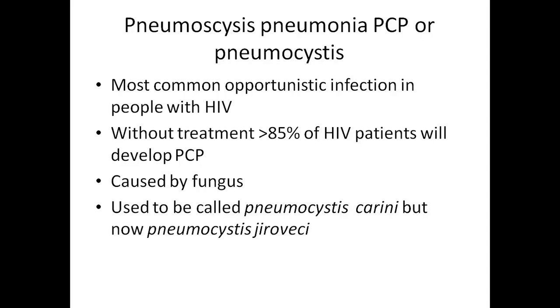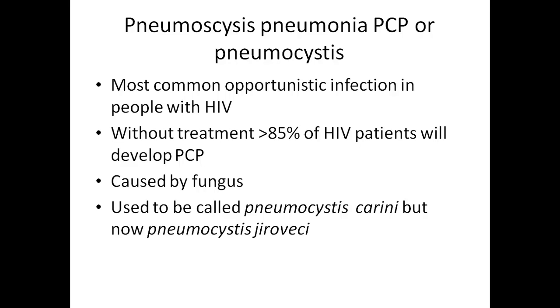So Pneumocystis pneumonia, or PCP. Sorry, Pneumocystis is the older name. Pneumocystis pneumonia is what we're going to call this more often. Who gets this infection? It's primarily HIV patients that already have cancer or other immune compromise.